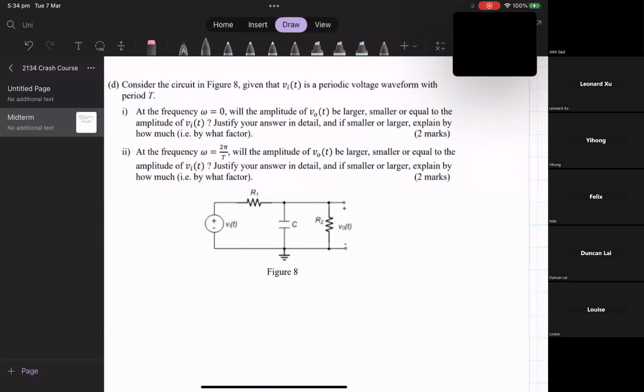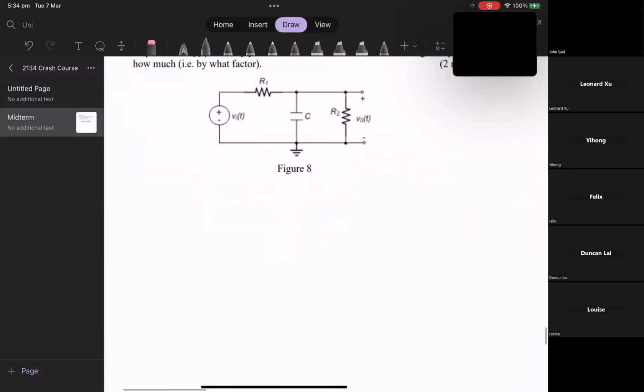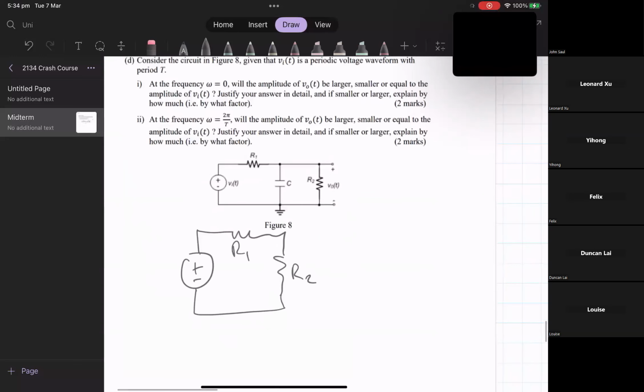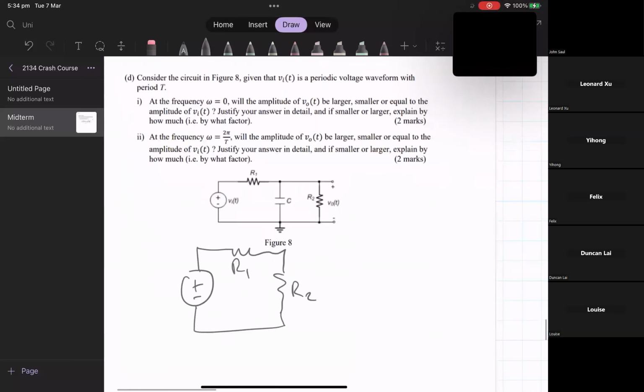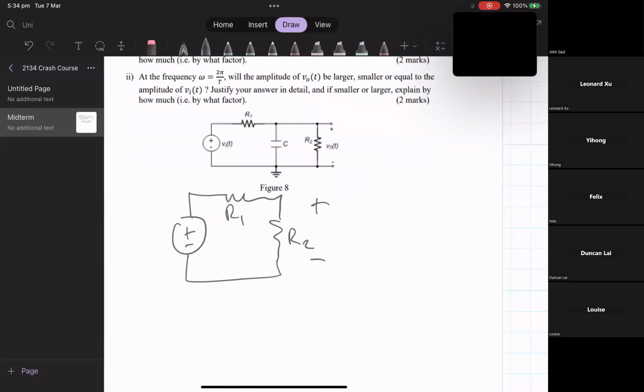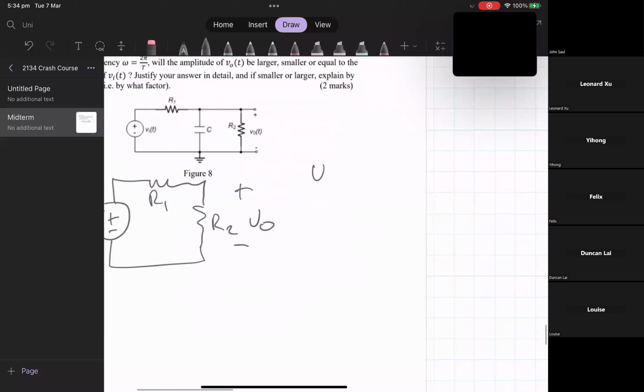So the first thing to note is we're using omega 0, and at DC, our capacitors appear open. So we can immediately simplify our circuit to 2 resistors. And we are looking for the amplitude of V0, so plus minus V0, specify using voltage division.